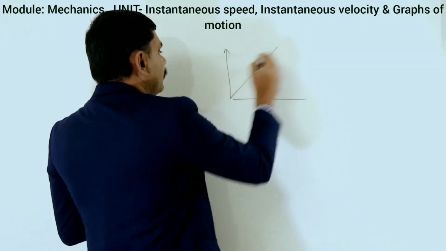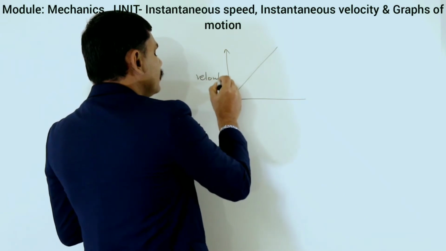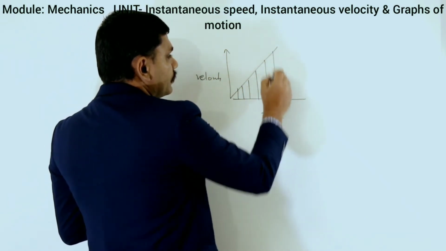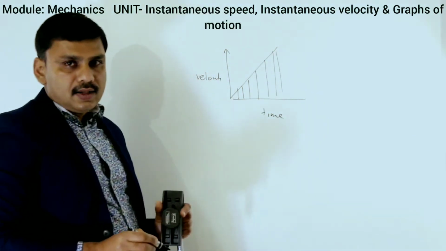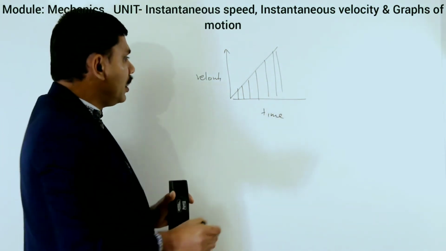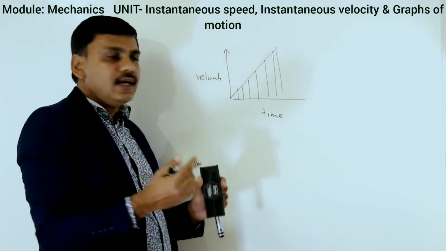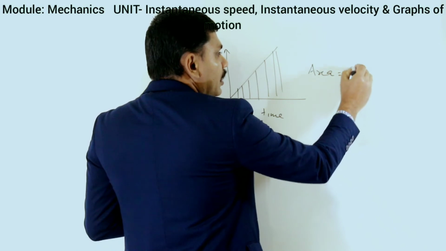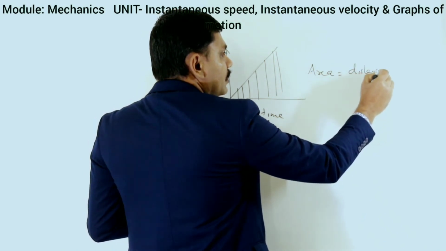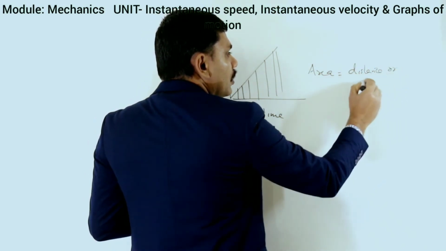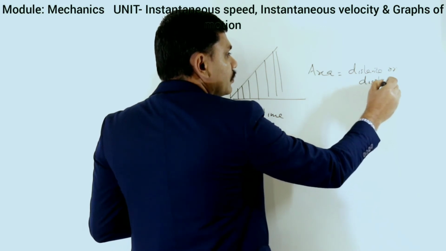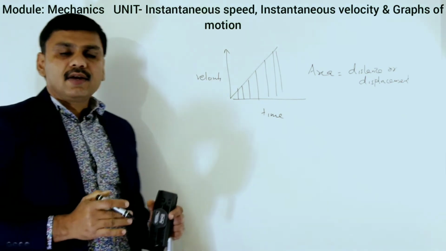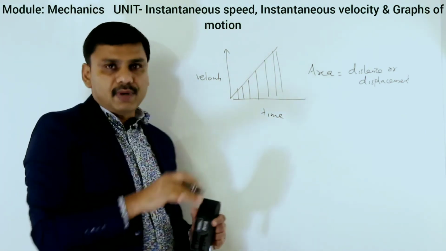Then if you consider a velocity time graph, what is the area under the graph? Area under a velocity time graph gives distance or displacement.